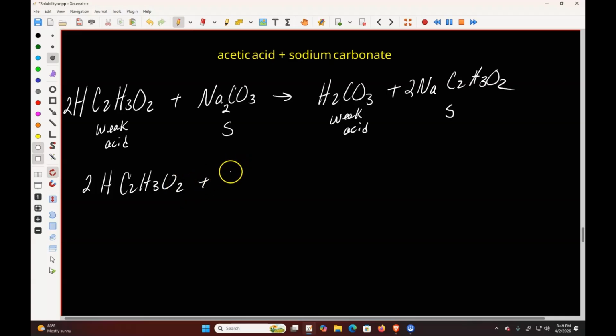All right, we'll dissociate the sodium carbonate. Carbonate, aqueous. Can't have this on the right hand side as a product, so I had to break it down into water and carbon dioxide.